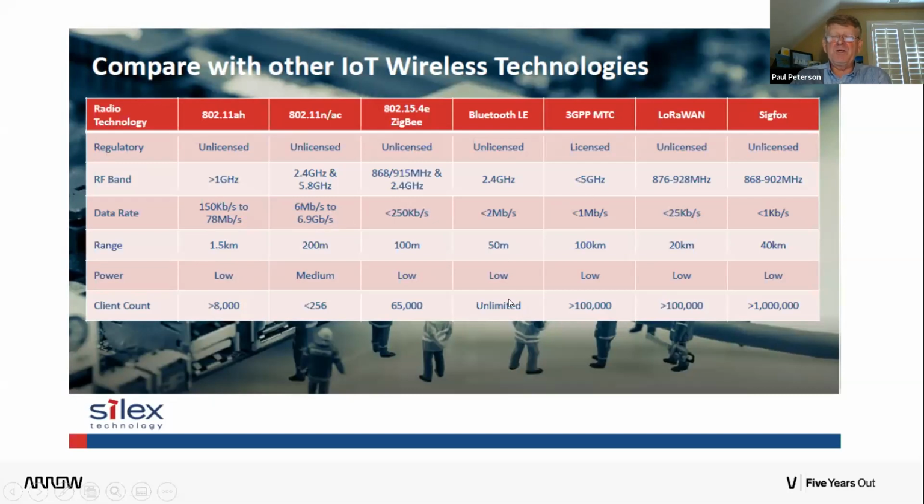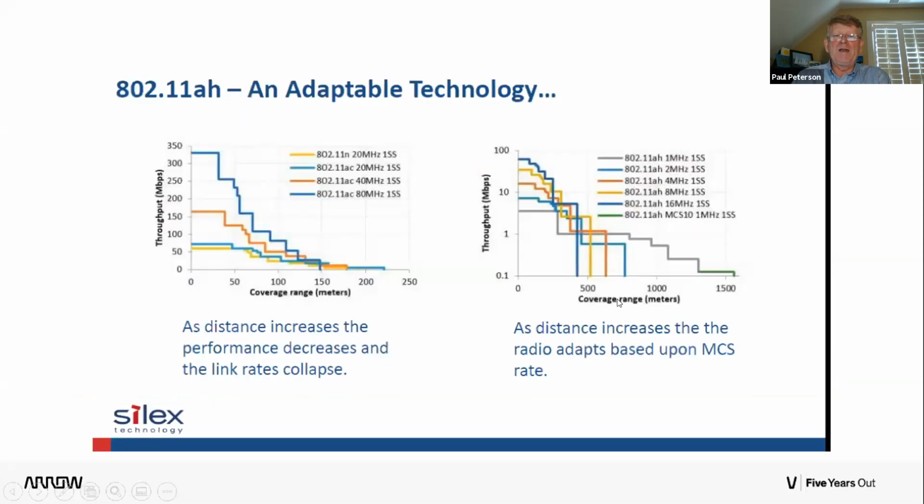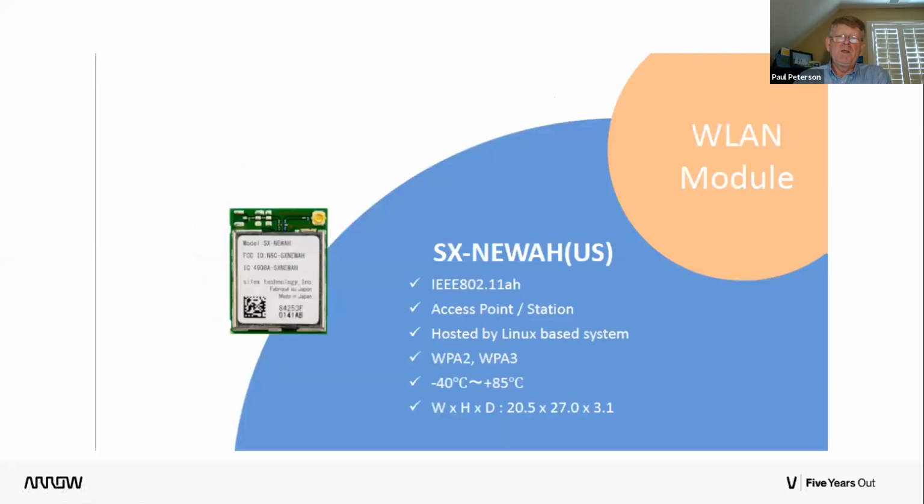This compares to other areas as well, such as Bluetooth, LoRaWAN, and things like that. It's an adaptable technology, meaning it changes its radio modulation and its throughput based upon range, similar, although not exactly, to what we saw in Bluetooth 5.2. We're just beginning; this is a brand new module that's just come out.